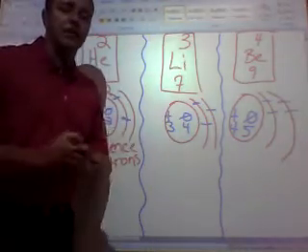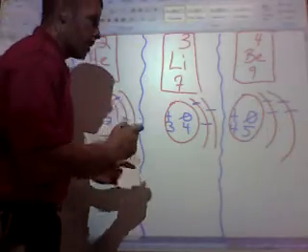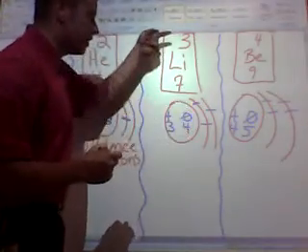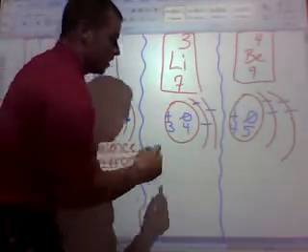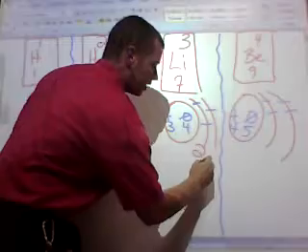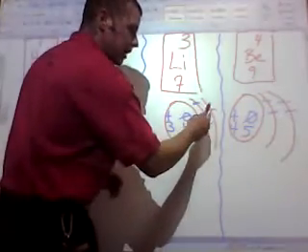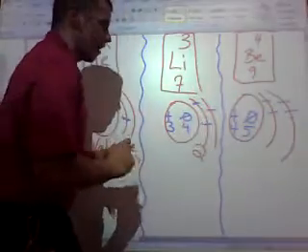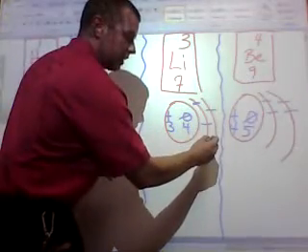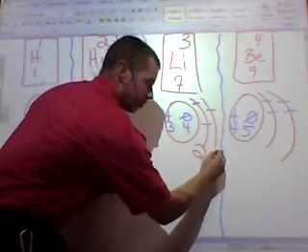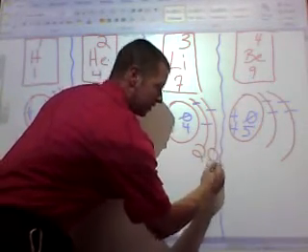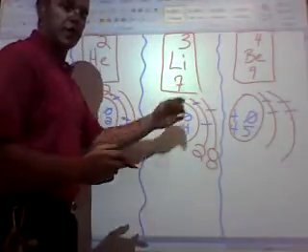Now let's find the valence electrons. I know that out of the 3 electrons that I have, only 2 of them can go on the first energy level. I am left with 1 left over. I must put that on the second energy level. This energy level can hold a maximum of 8 electrons.